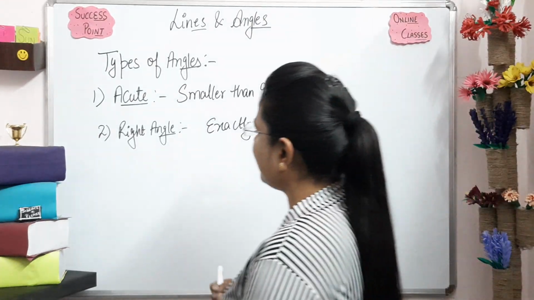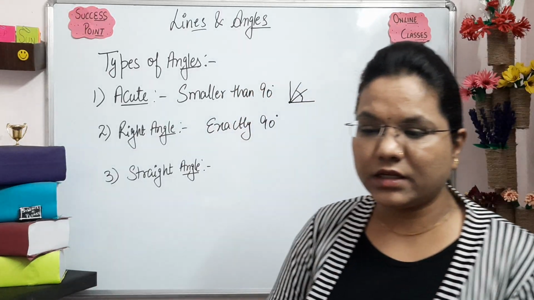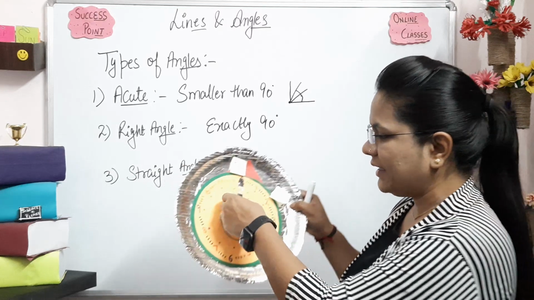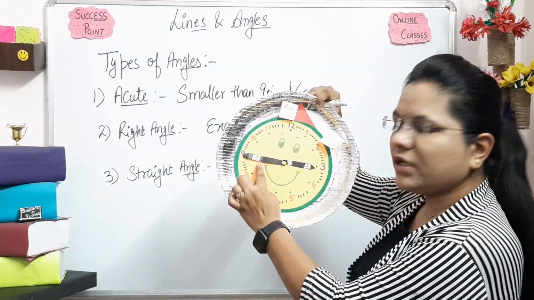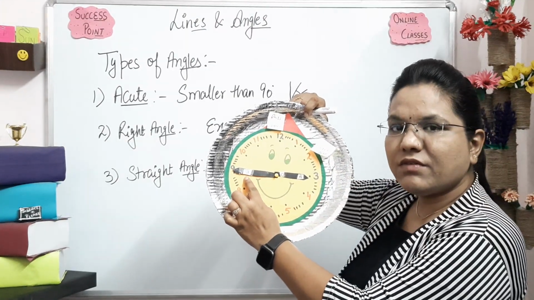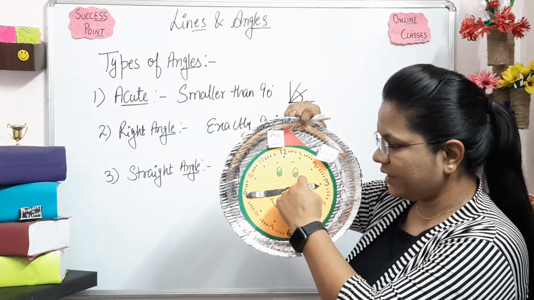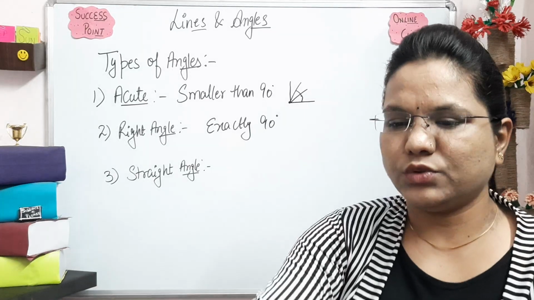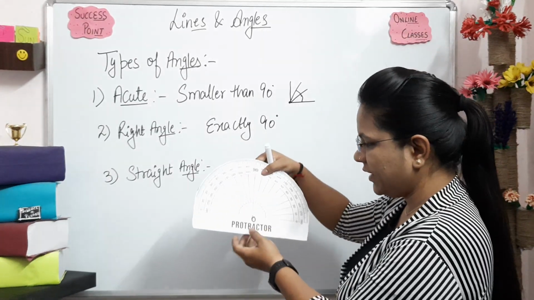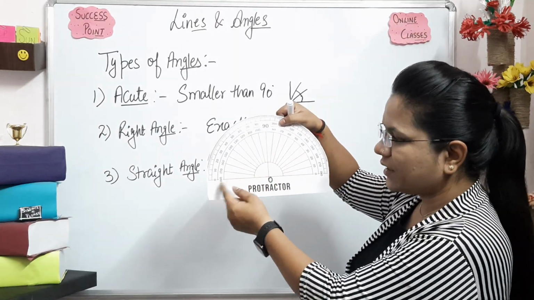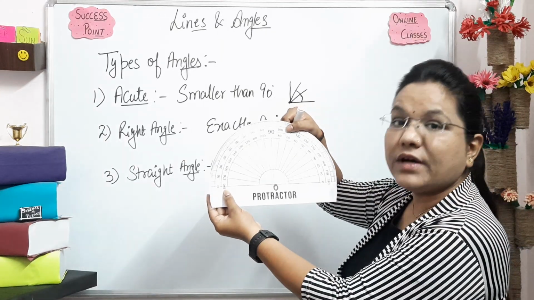Moving to the third type of angle. So what is a straight angle? If we get a straight line, this angle we call a straight angle. So what is the value of this angle if we measure it? We will use our protractor to measure it. We will cover a semicircle, so the value is 180 degrees.